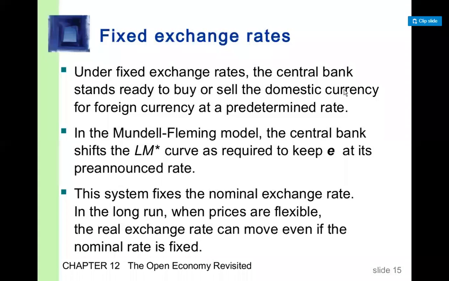The nominal exchange rate is very clear, that is a floating exchange rate.